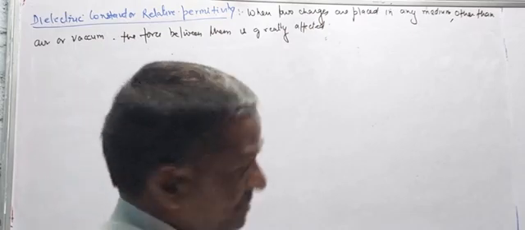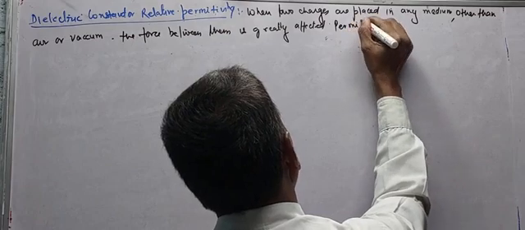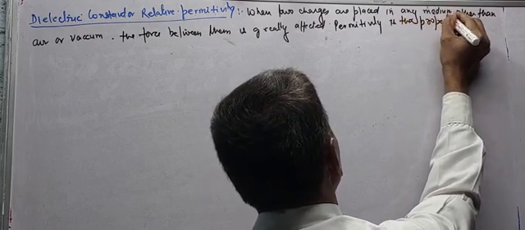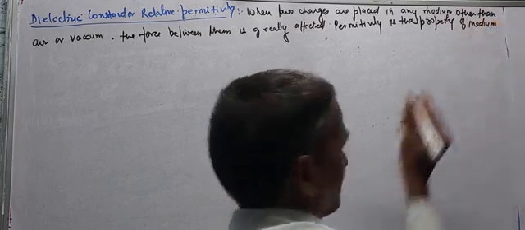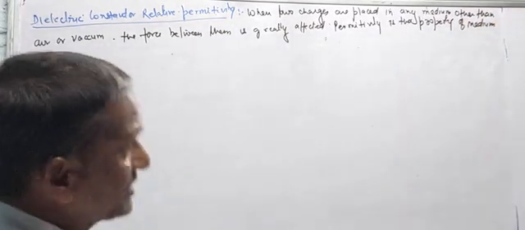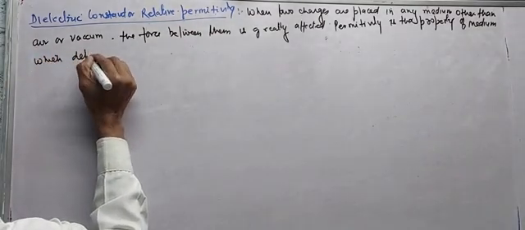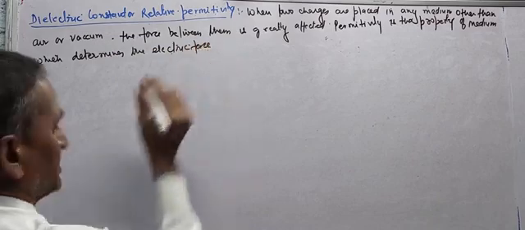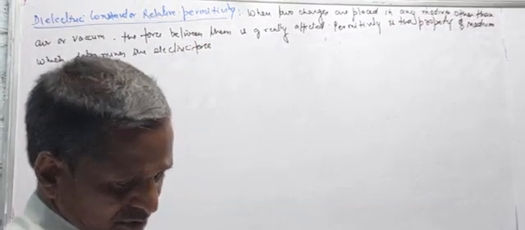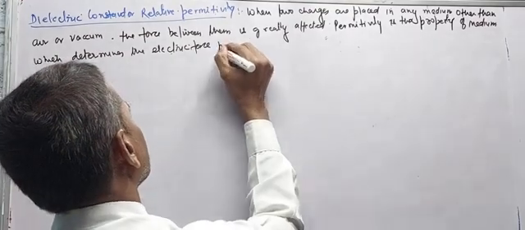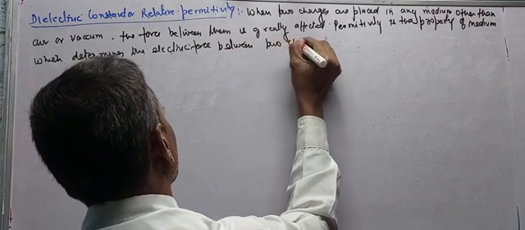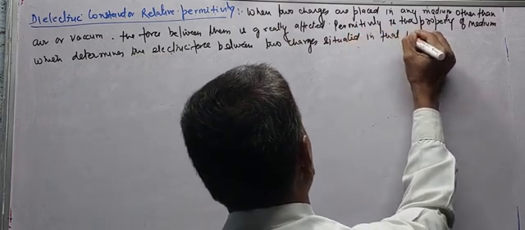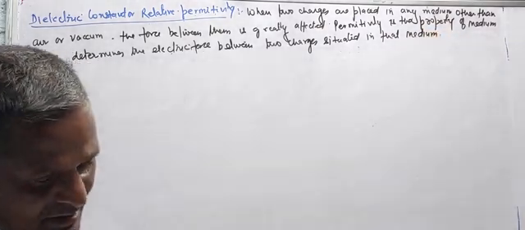Permittivity is a property of the medium which determines the electric force between two charges situated in that medium.